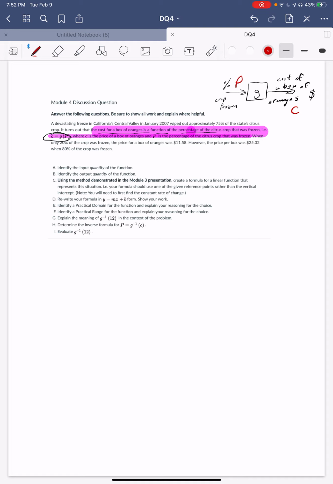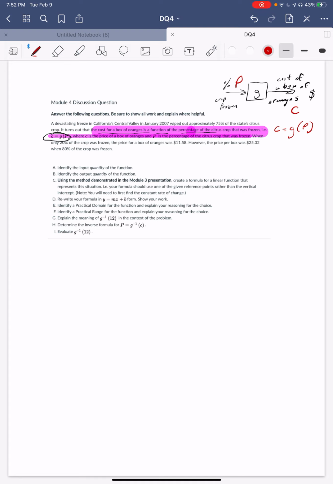With function notation, since the name of my function is G, this tells me that the output is a function of the input. This is great review for the exam. All of this was covered back in Module 2, where we talked about what a quantity is, what function notation is, and how we read function notation.